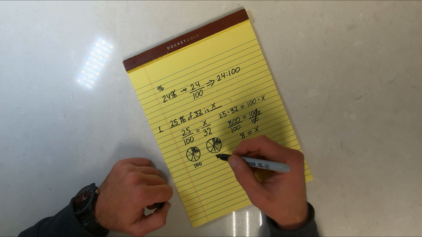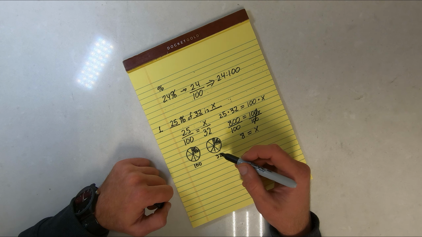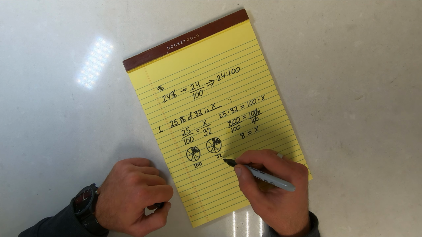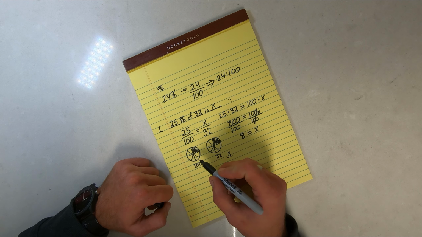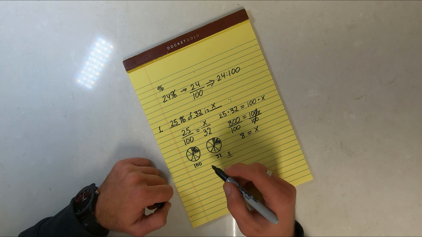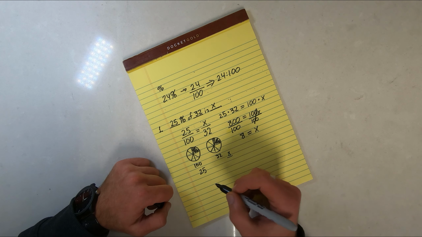The value of these ratios is exactly the same. But in this case, if the whole is cut up into 32 pieces, only 8 of them will be shaded to give the same value. If we cut up the whole into 100 pieces, we'll have 25 of those pieces.